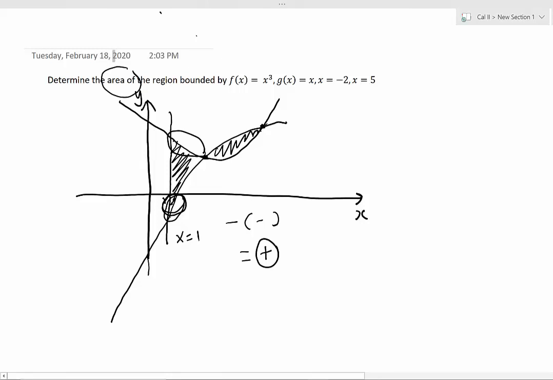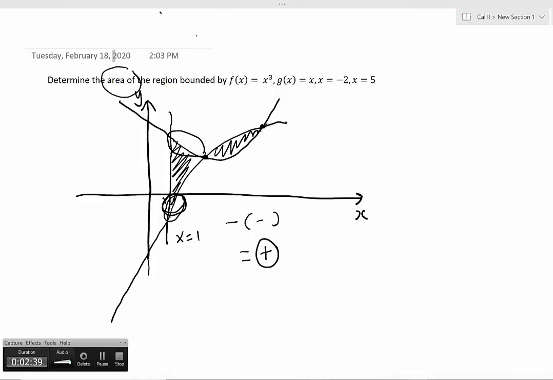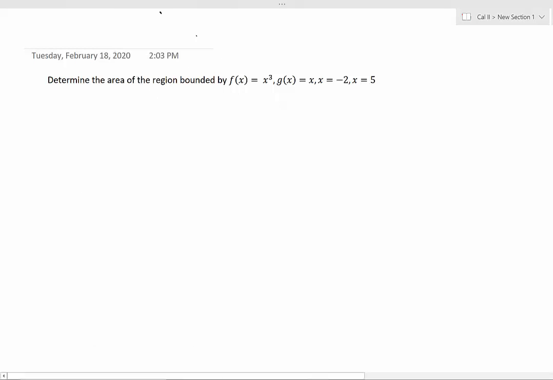Okay, let's start our problem right here. First, my math is not very good, so I don't know how the graph looks like. But first thing we're going to do is look for the intersections between the functions.